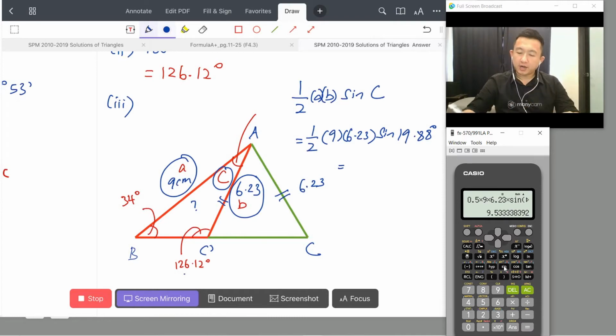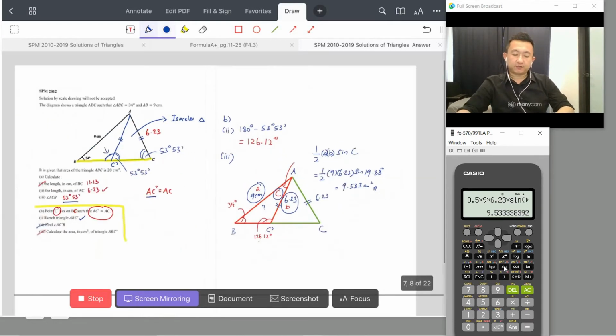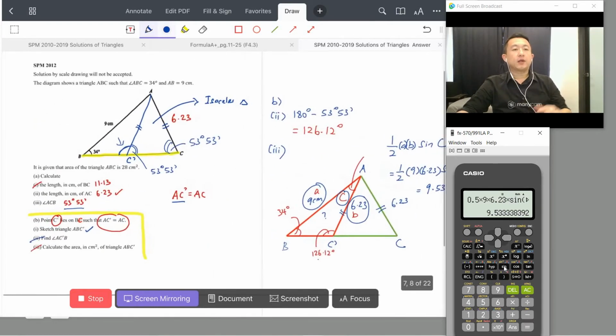You should have 9.533 cm squared for the area of AC prime B. Okay, and that's it for SPM 2012. Let's continue to hunt for the ambiguous case.